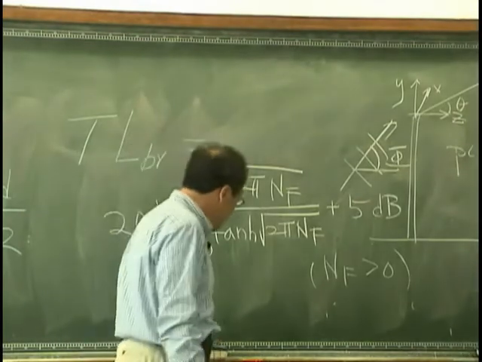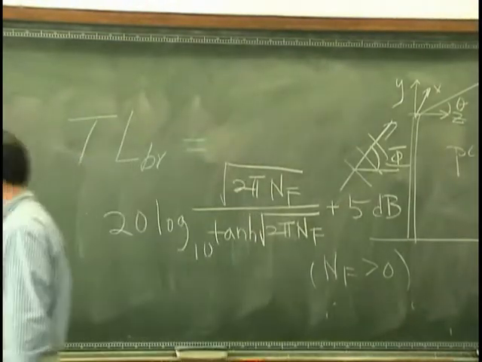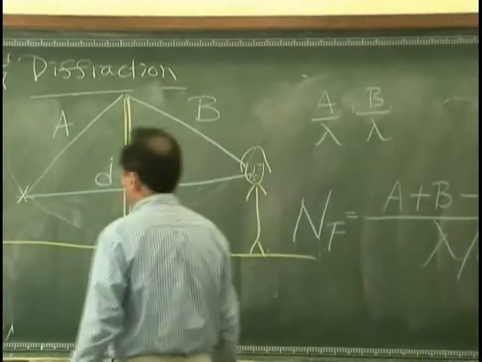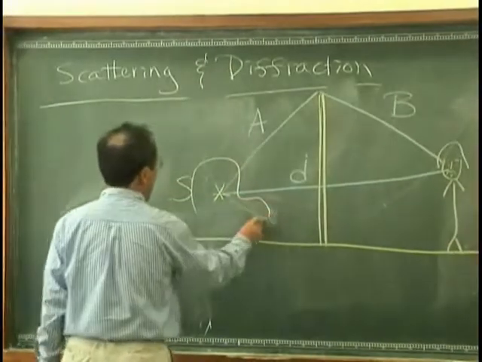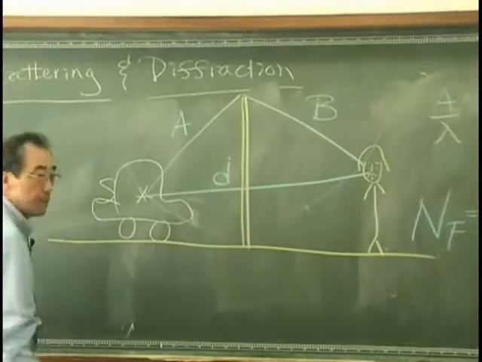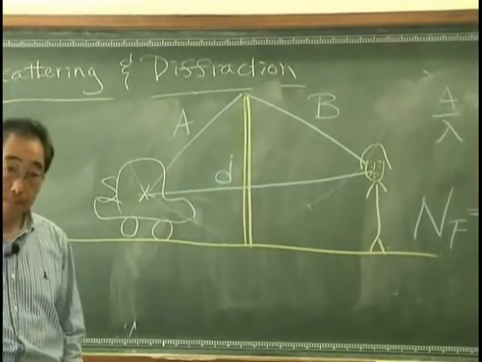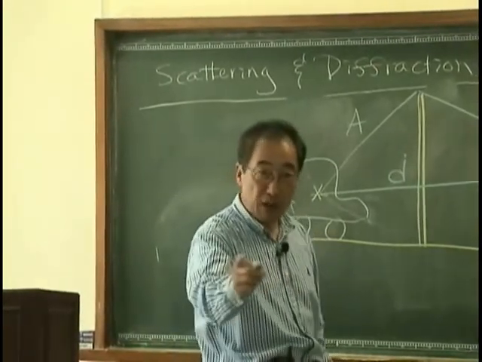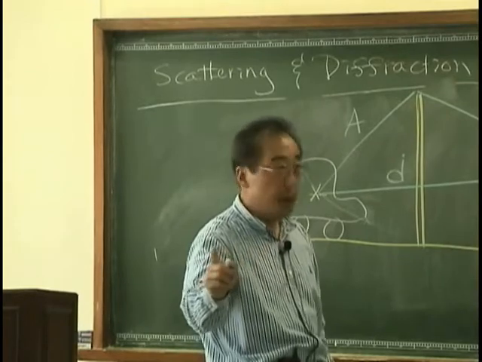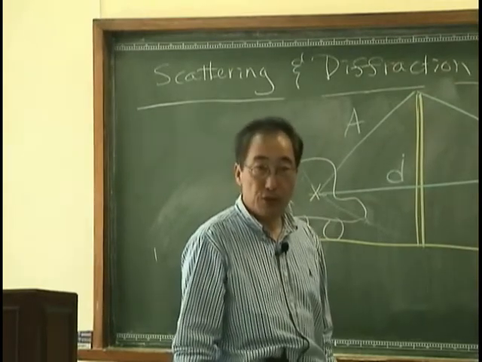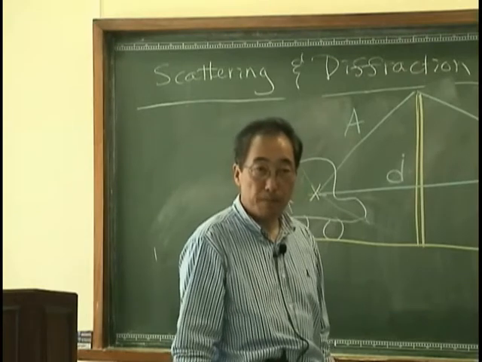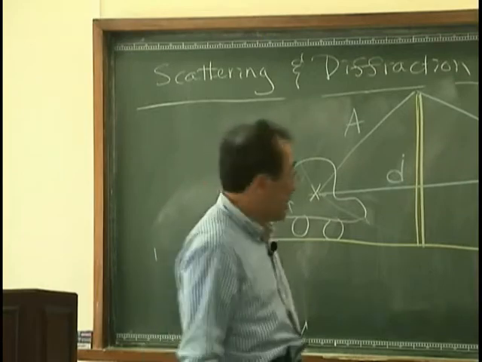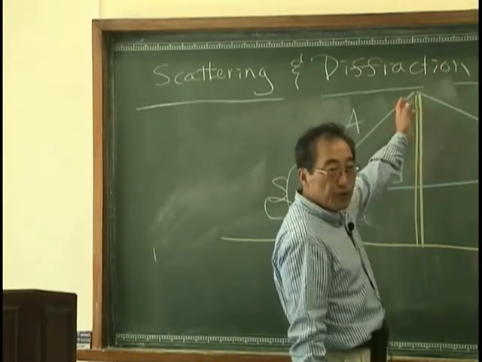This formula is extremely useful. For example, suppose we have a car over here in the highway, okay, and maybe one of the very brave students who took the acoustics course taught by me knows how much transmission loss he will get if he has a sound barrier.